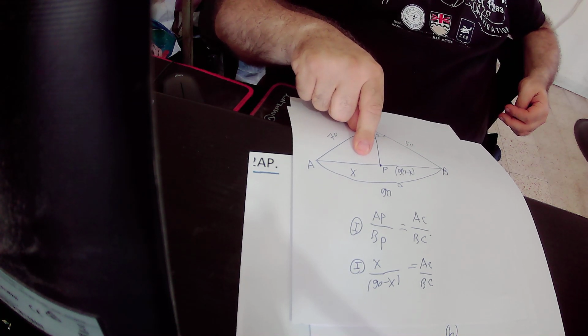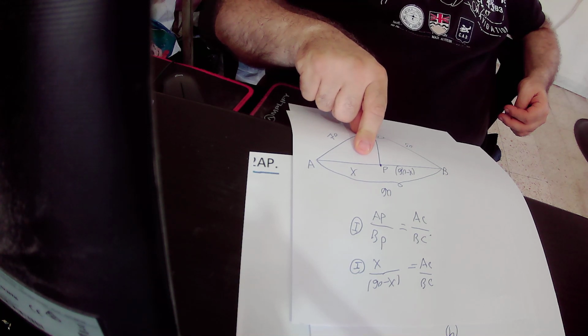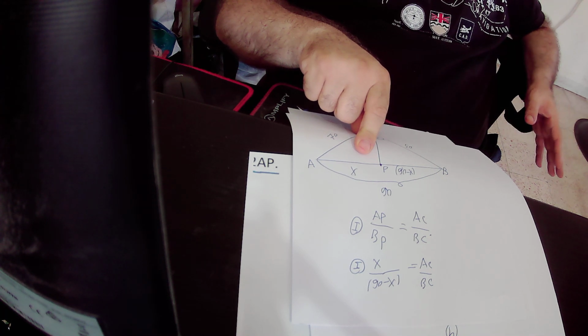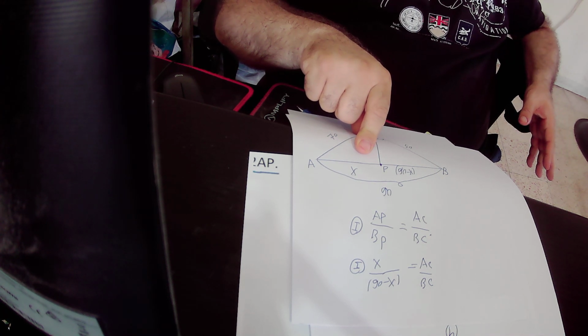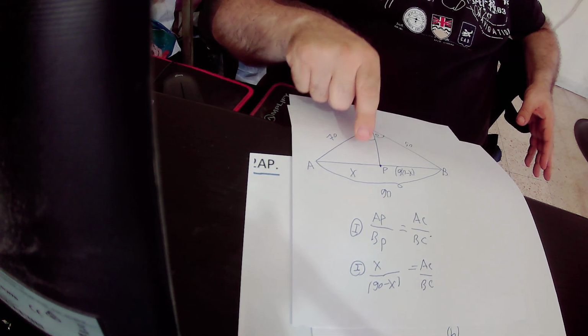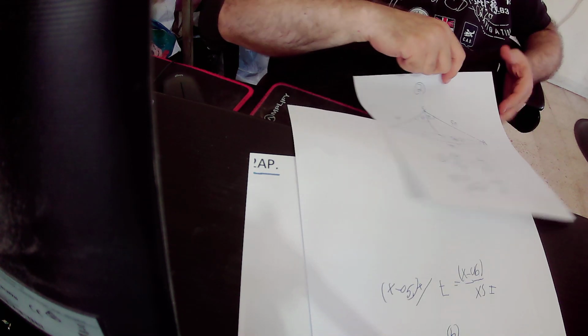So 90 minus x will always be a positive number, and it can never be 0. For that reason, it is allowable to multiply both sides of the equation by 90 minus x, okay?